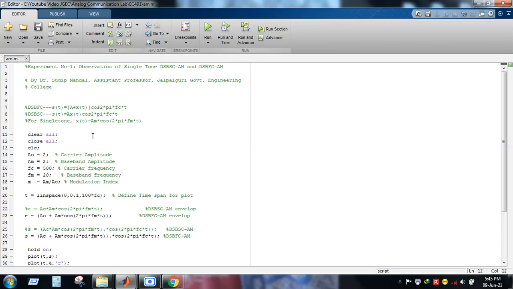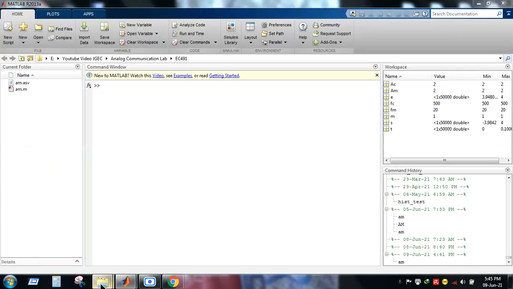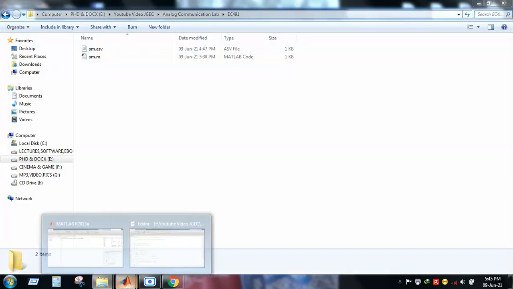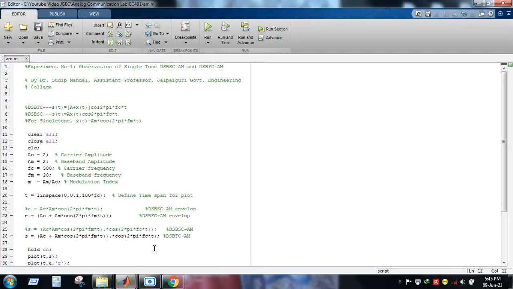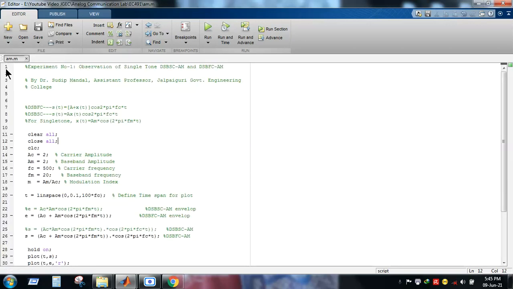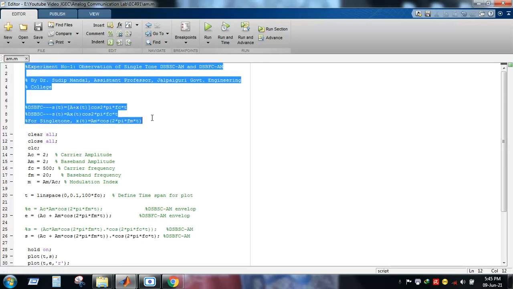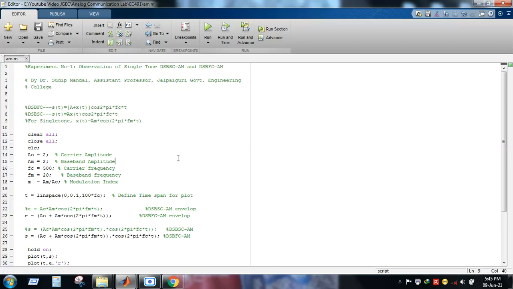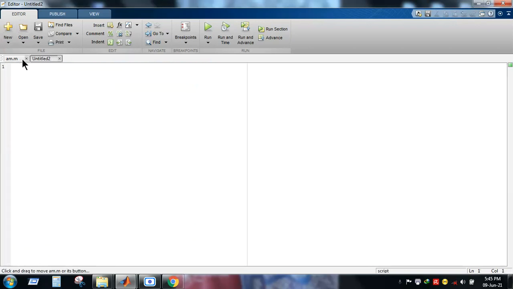Now let's start. Before elaborating the corresponding code or program, you should know that in MATLAB, whenever we try to write a new program, we should start with New, and here you can write Script. Here you can write down the corresponding code.